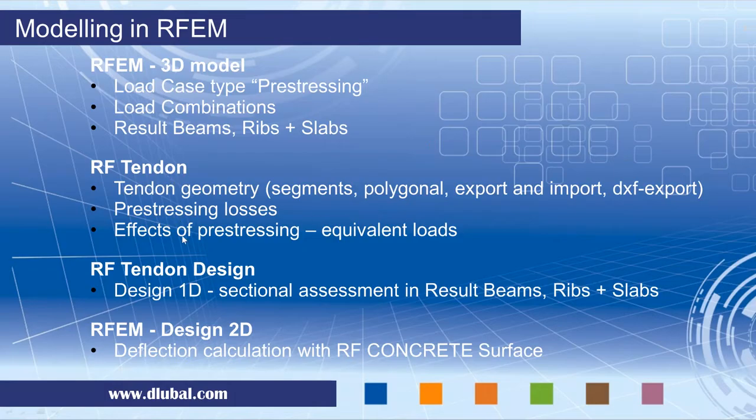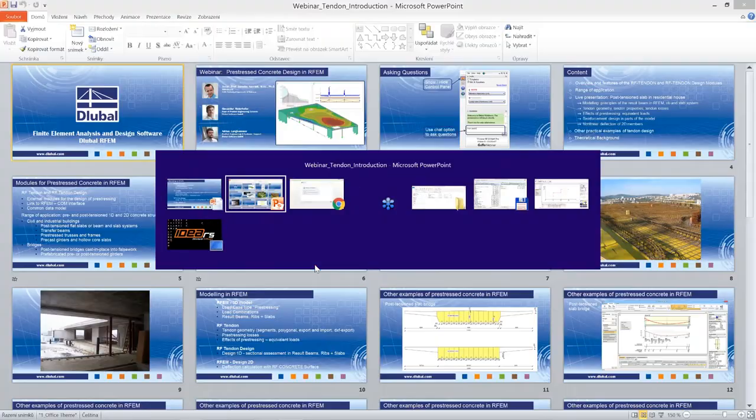After this RF-TENDON, I will show RF-TENDON design, and we have also the possibility to use all other functionality of RFEM, like the nonlinear analysis of the slabs and so on. We have it already here.